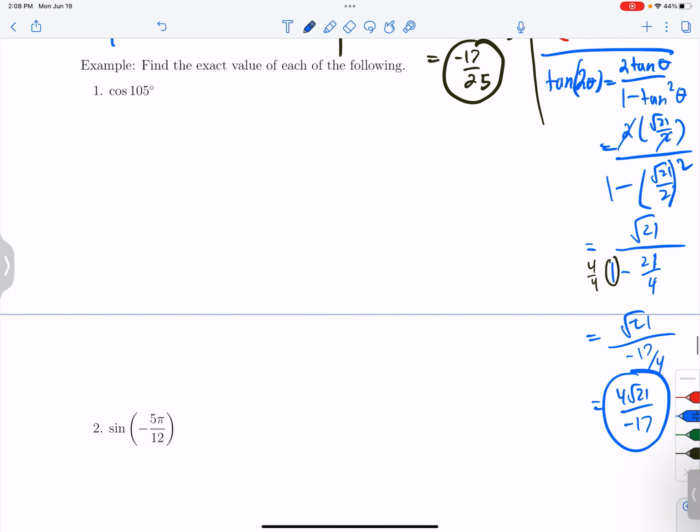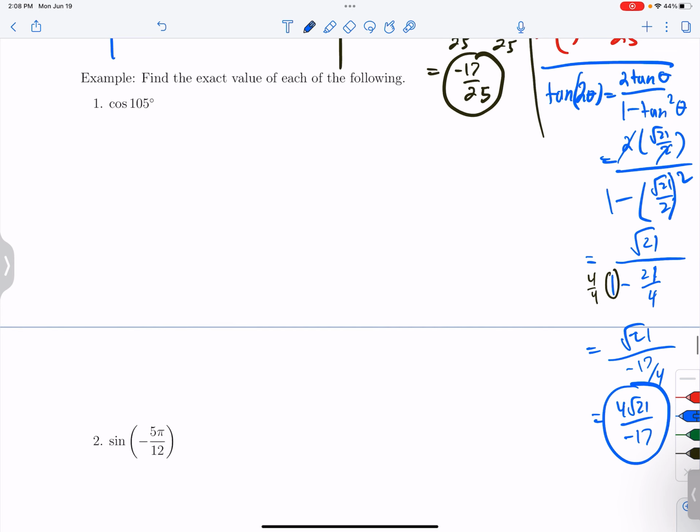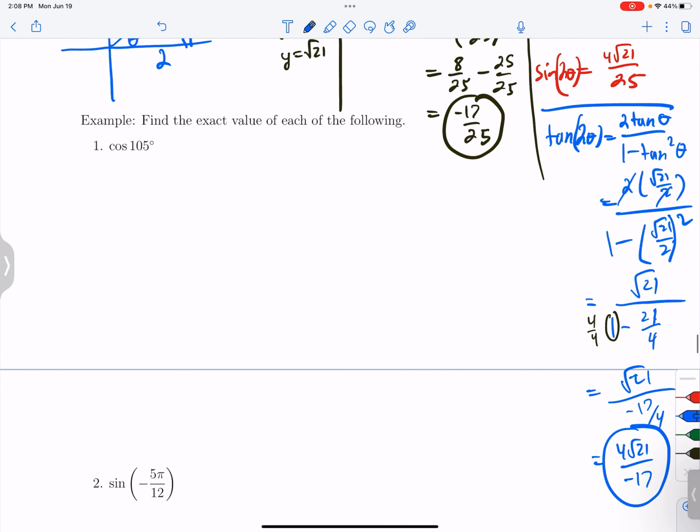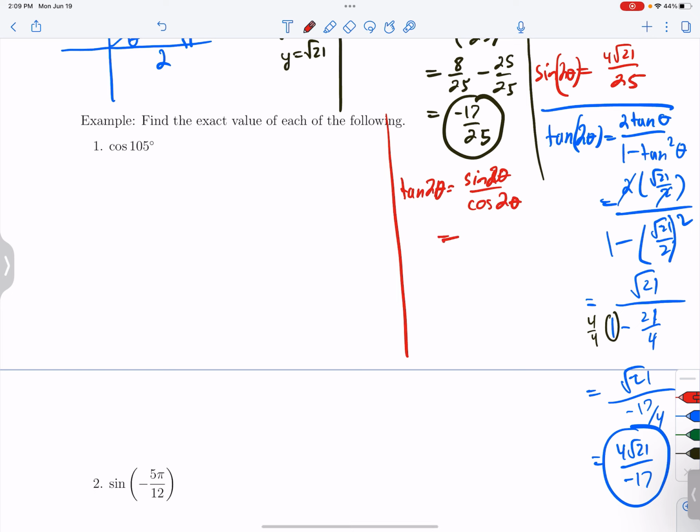So kind of a long problem. And I just realized a quick way to do this one would be to realize that tangent of 2 theta is equal to sine of 2 theta divided by cosine of 2 theta. Since I've already figured out sine of 2 theta and cosine of 2 theta, sine of 2 theta was up here.